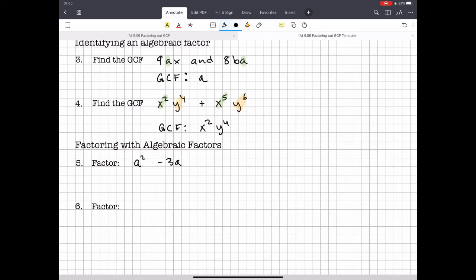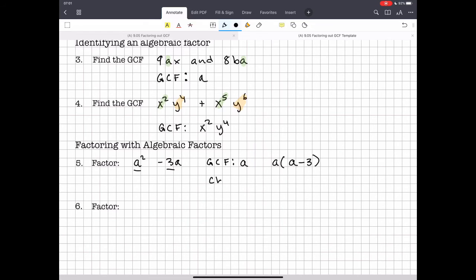The GCF here is a. That's all they have in common. So we're going to undo distributive property by dividing both of these by a. And that would leave me with a times a minus 3.